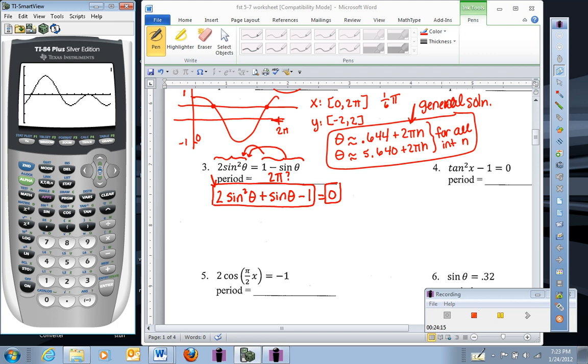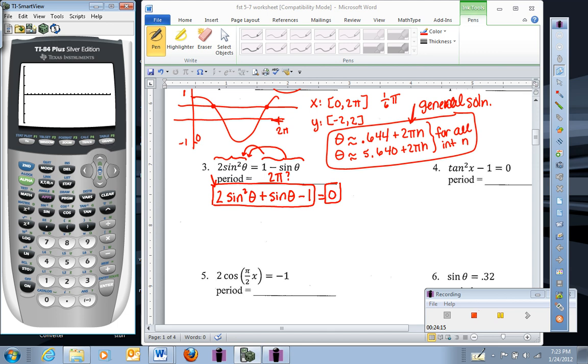And you know what? I'm looking at that and I'm thinking, gosh, I don't know. What if there's some other little bobbly thing that's going on over here? I don't know if that's the whole period or not. So a way to check that would be to go ahead and go to your window and double the 2 pi and make it into 4 pi. And let's just see what's happening over a bigger window.